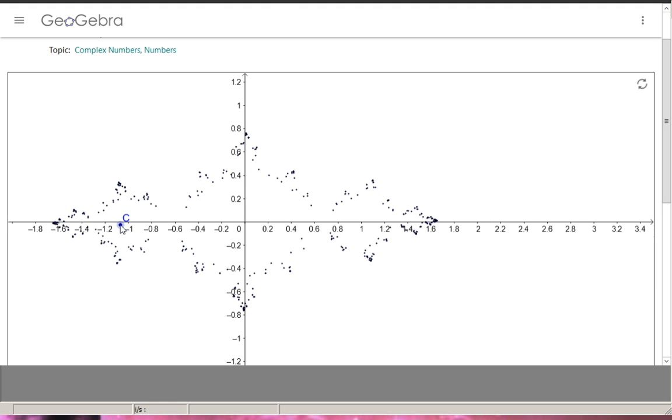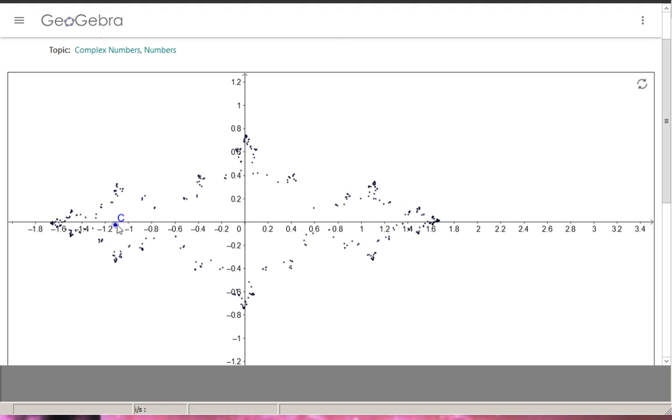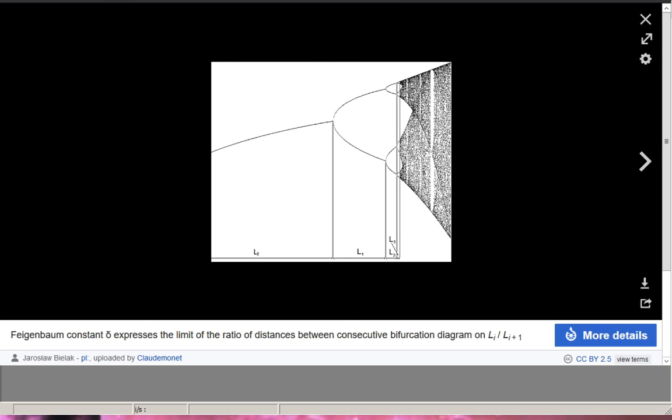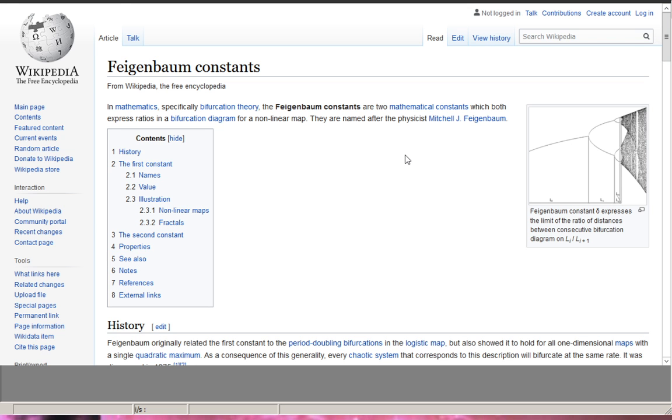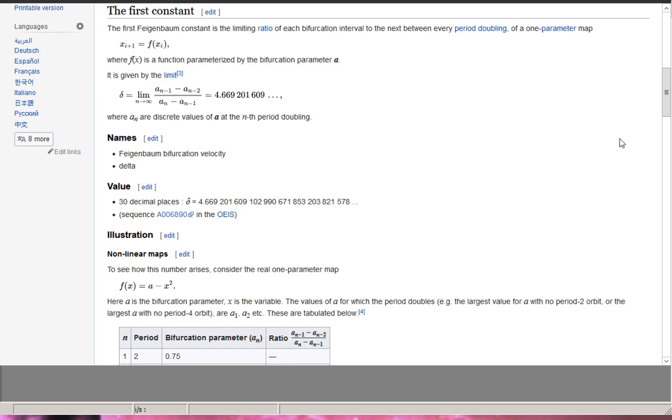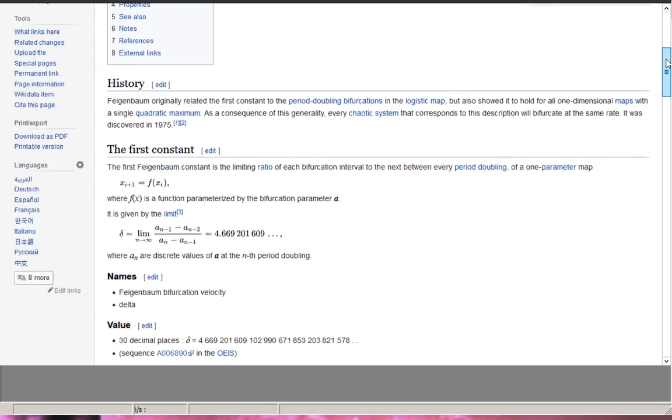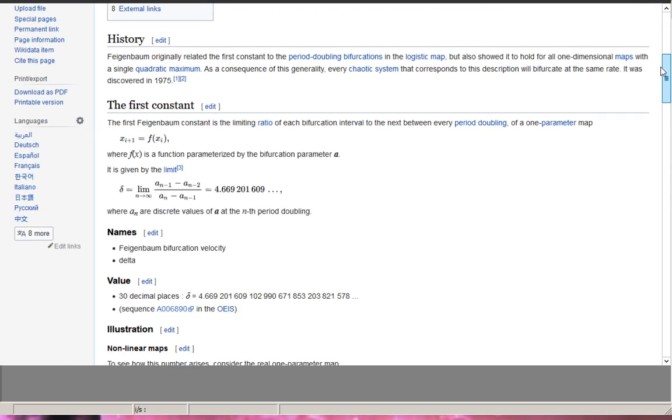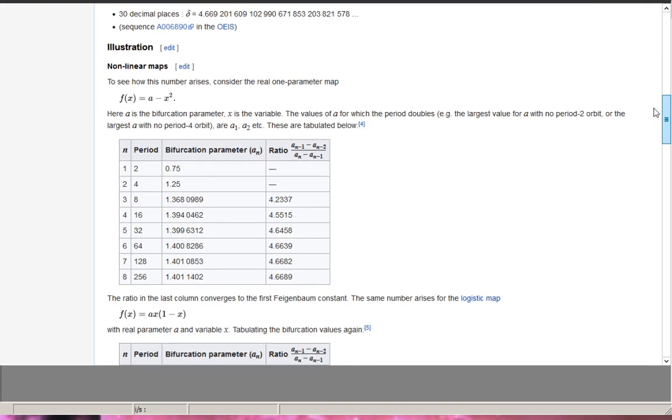So the dimensions of each successive circle lead to this constant, the Feigenbaum constant. And some of the others lead to that. So maybe this Feigenbaum constant is like an indicator of chaos if we were to work it backwards.